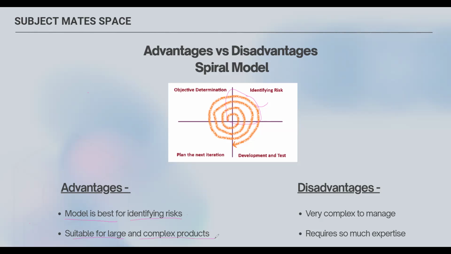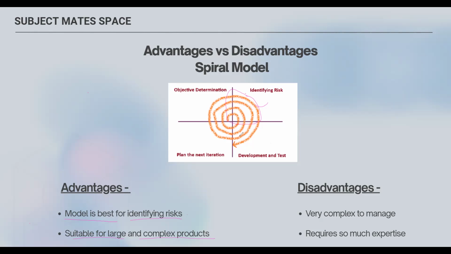Now, what are the disadvantages? It's very complex to manage and requires so much expertise. First we determine the objective, then identify the risk, then develop and test, and then again plan the next iteration. It keeps on repeating, so it is very complex to manage.